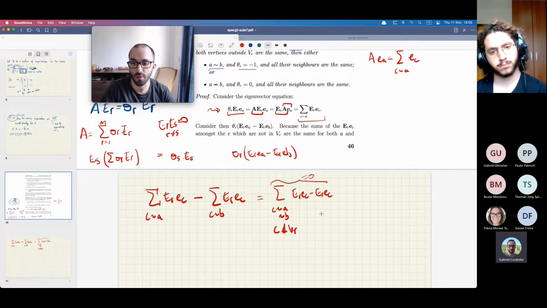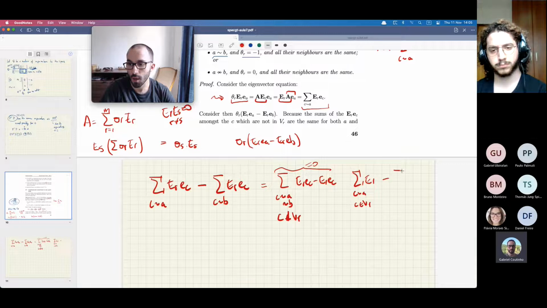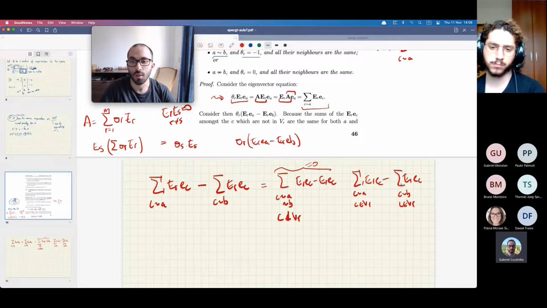So the part outside of VR cancels. And what is left here is the sum of E sub r E sub c, C a neighbor of A, C belonging to VR, minus the sum of E sub r E sub c, C a neighbor of B, C belonging to VR. And what is the problem here? These vectors are linearly independent.